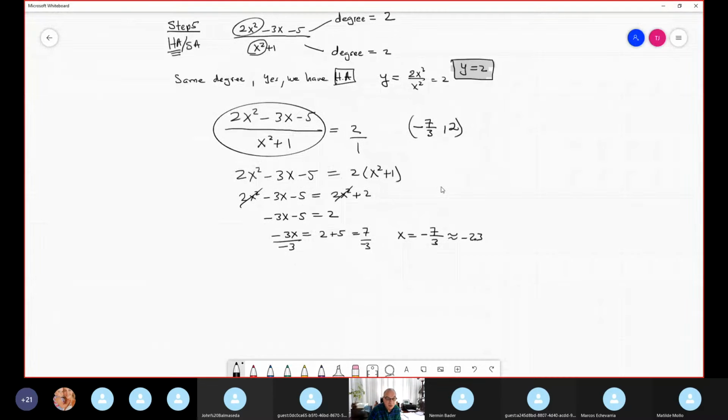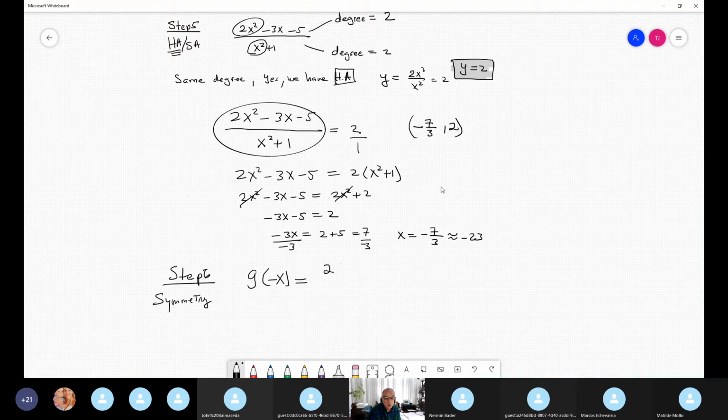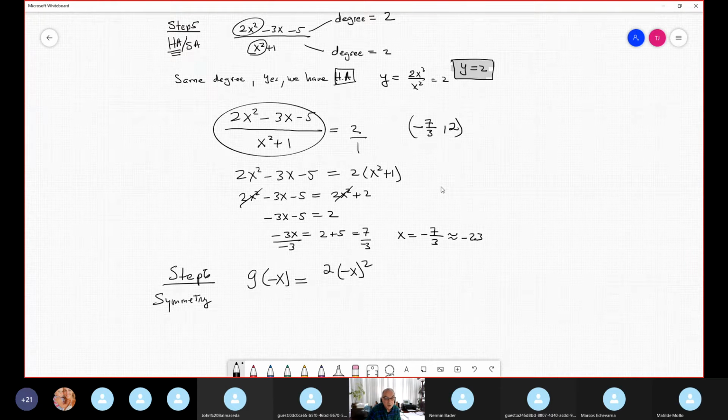Step number 6 is symmetry, the analysis of symmetry. Let's replace x with negative x and see what happens in the formula. 2 times minus x squared minus 3 times minus x minus 5, divided by minus x squared plus 1.